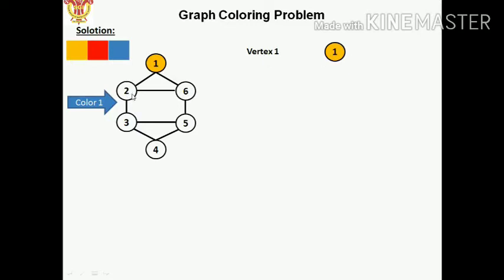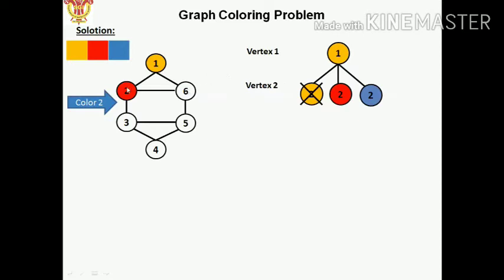I am going to take this 2 itself. To fill this node 2, I again have 3 options: orange, red and blue. I am not going to take orange here because the definition said that no two adjacent nodes have the same color. So I am going to consider the other 2 colors.